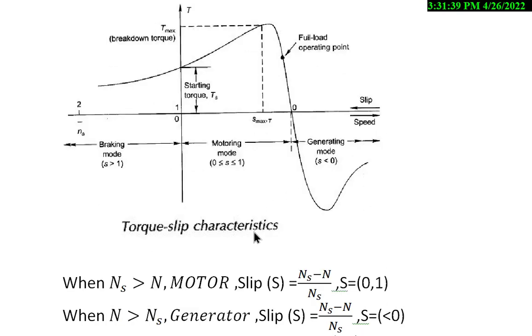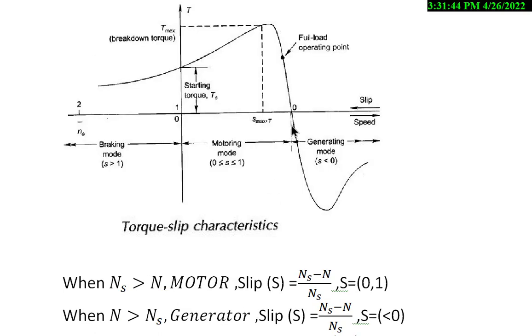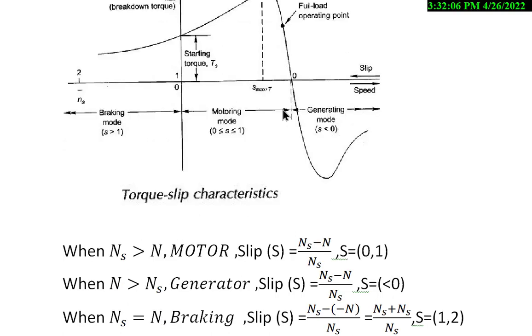Suppose the rotor speed is more than the synchronous speed. In that case, it is possible if the rotor is coupled to an external motor shaft such that its rotor speed increases to more than the synchronous speed of the slip ring induction motor. In that case, the slip will become ns minus n divided by ns, because n is more than ns.